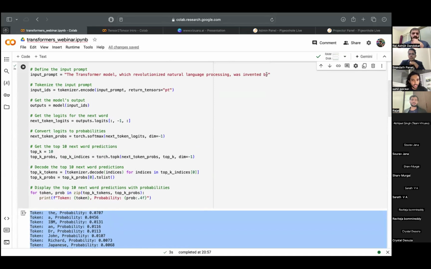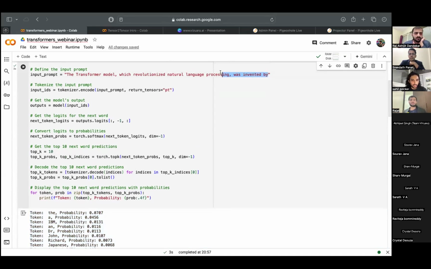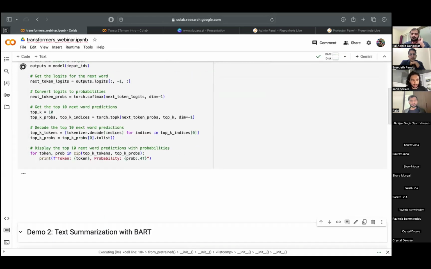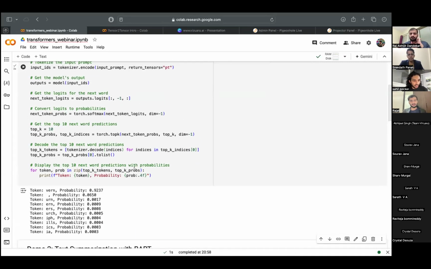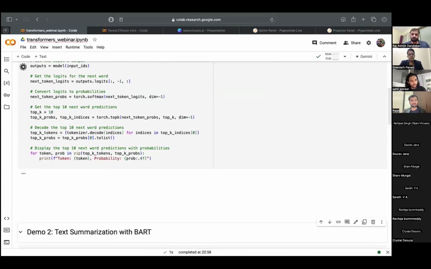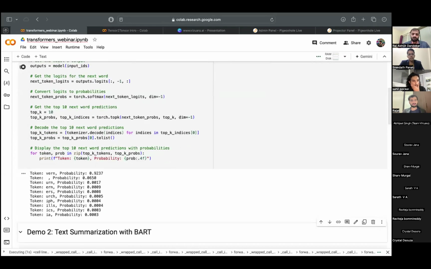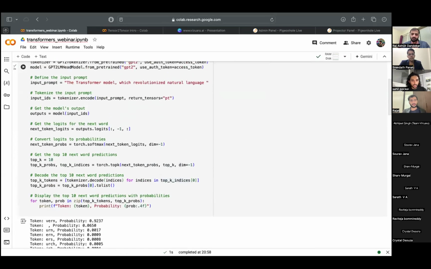Maybe I'll not ask it such a difficult question. Maybe I'll ask it to predict what the next word means. If I say "natural language," let's see what it does. You can see that it's generating something. I can try it again. Let's see what happens.